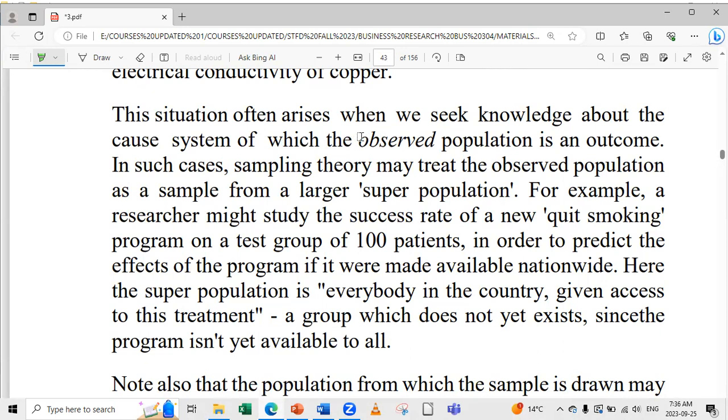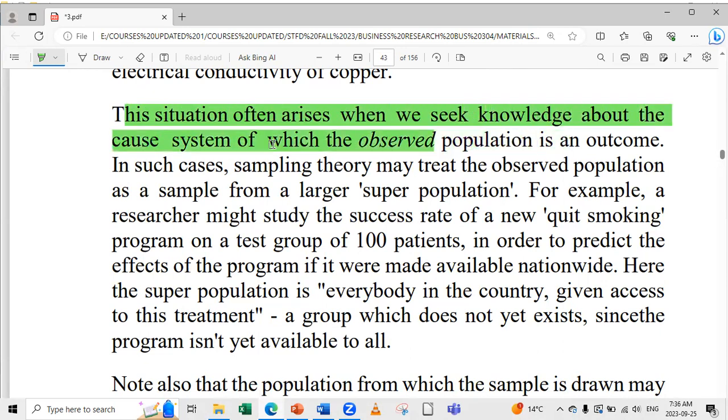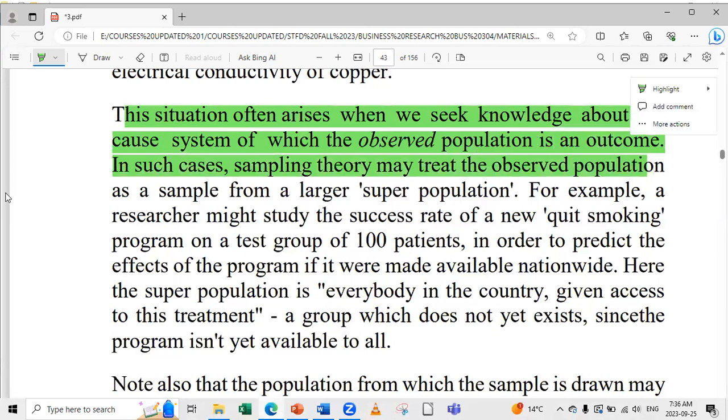However, the situation often arises when we seek knowledge about the cause system of which the observed population is an outcome. Okay, it's very nice. Look at this: the sample is taken as a sample from a larger superpopulation.